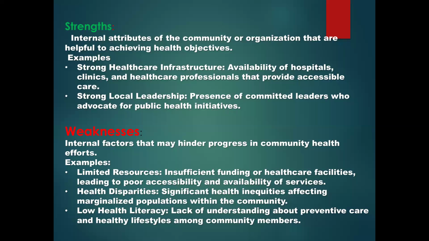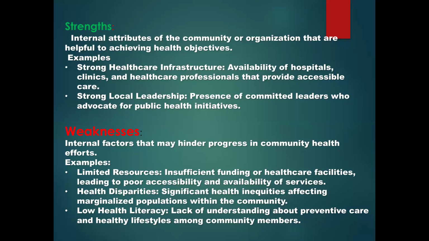If they don't have a high level of health literacy, it means that the efforts they might be putting in place to change their social behavior will be resisted because of that constraint or barrier known as low health literacy, because they don't have a good level of understanding about preventive health care. It will be very difficult, and that's a weakness.